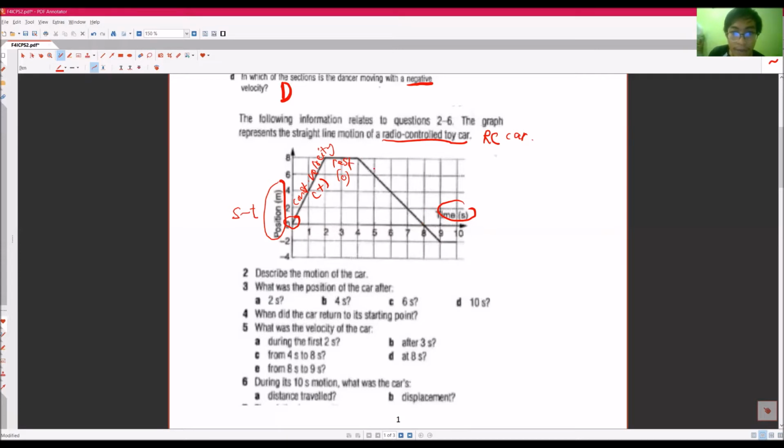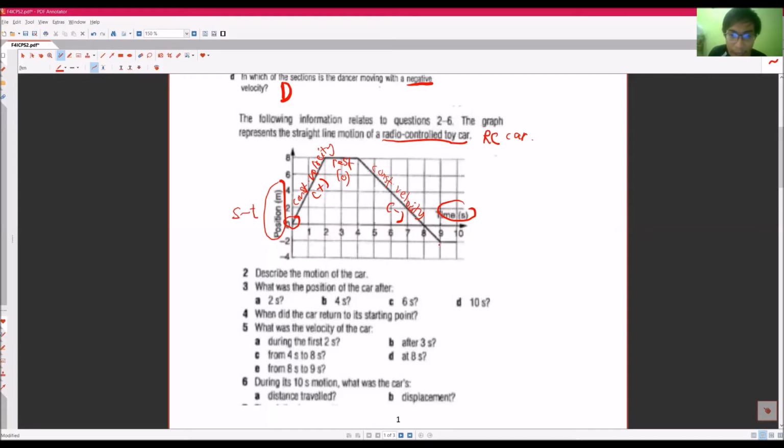So we have constant velocity, but in the negative direction. And then after it passes the origin, it still continues its movement towards the opposite direction. So the whole line here is still in constant velocity, negative direction.